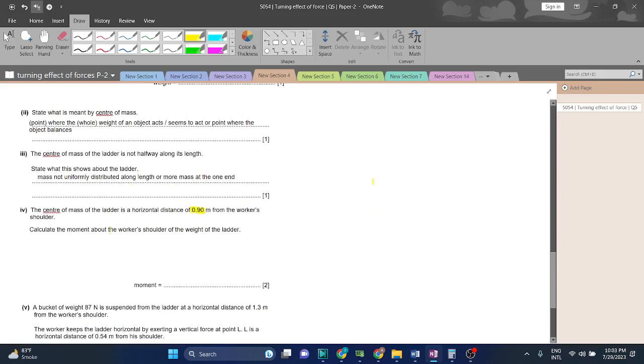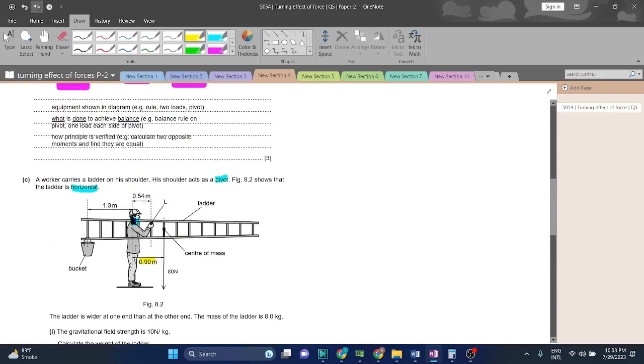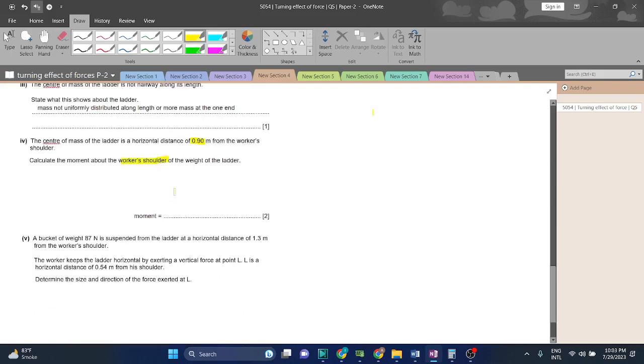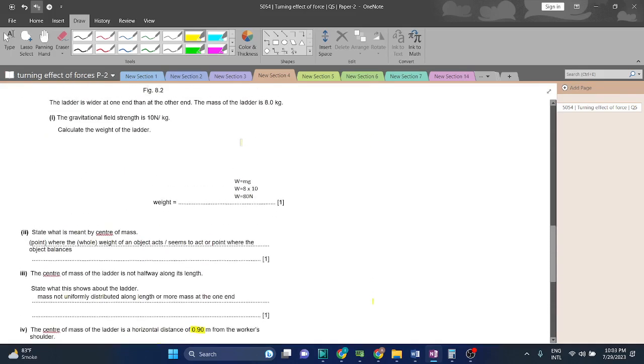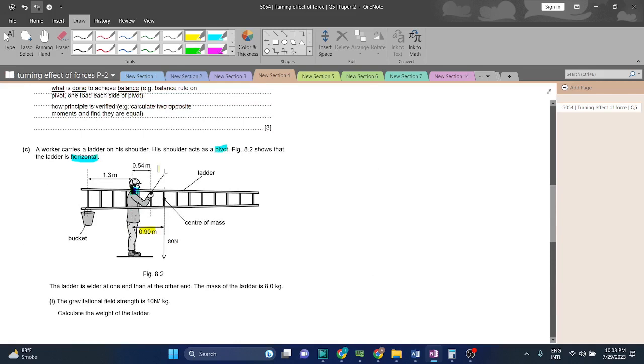Here we only consider the worker's shoulder and the force. Calculate the moment about the worker's shoulder of the weight of the ladder. Very simple question. We only have to find the moment of this individual weight. Nothing hard.